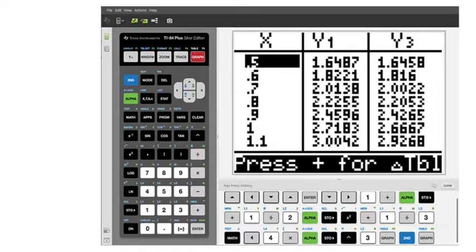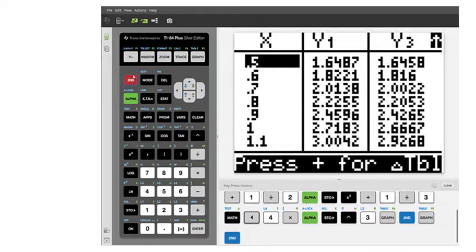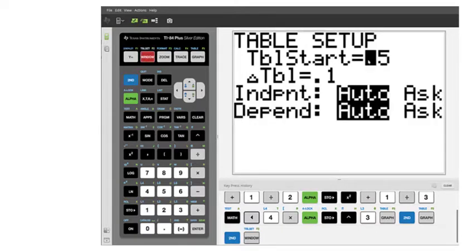Okay, my table is already set up for tenths. If you need to do that, use second and table set, and you can change the table start. Right now it's at 0.5, and I'm going to change that.